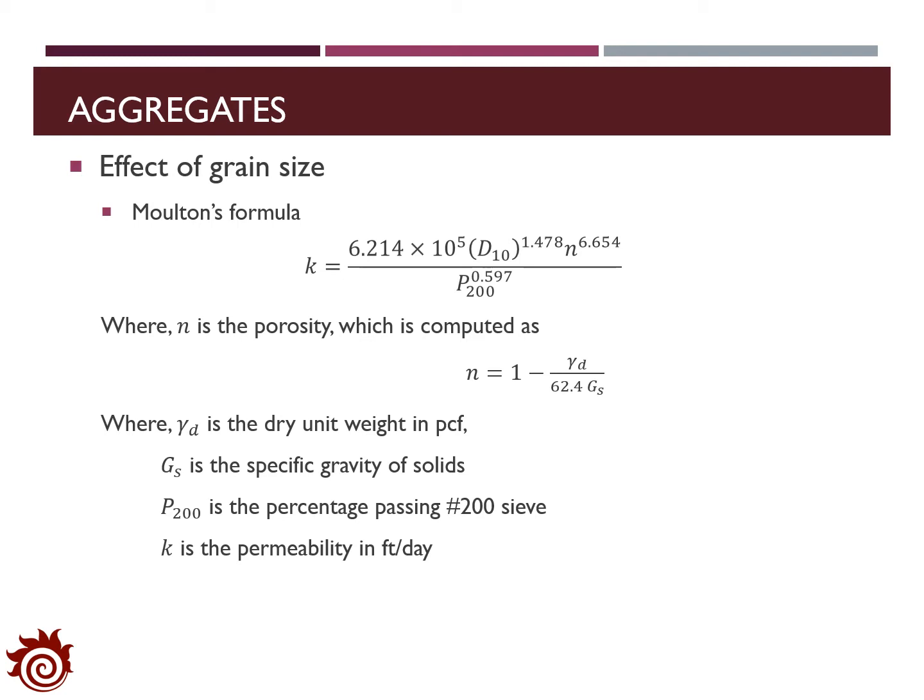Here, n is the porosity, which is computed as n equal to 1 minus gamma D over 62.4 times GS. In this equation, gamma D is the dry unit weight in pcf, GS is the specific gravity of the solids, and P200 is the percentage passing the number 200 sieve.